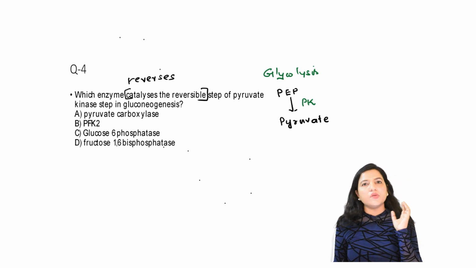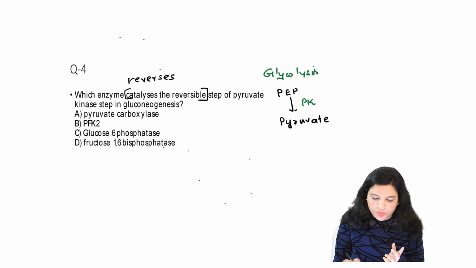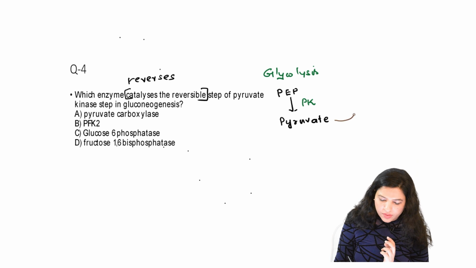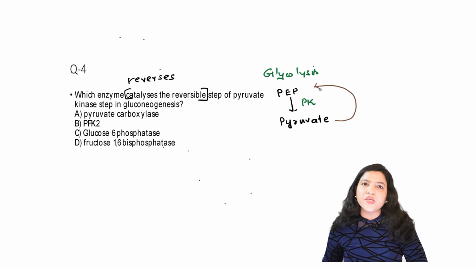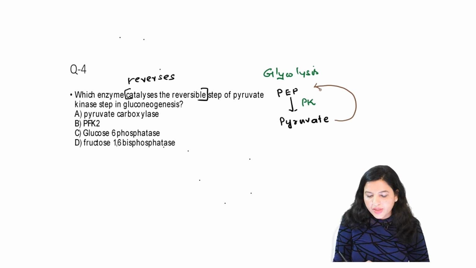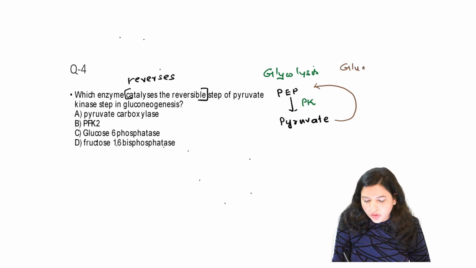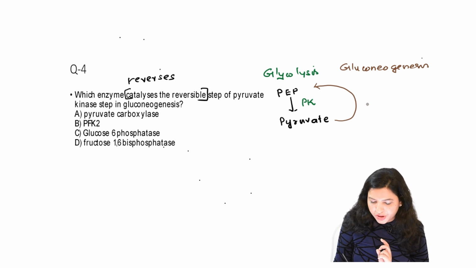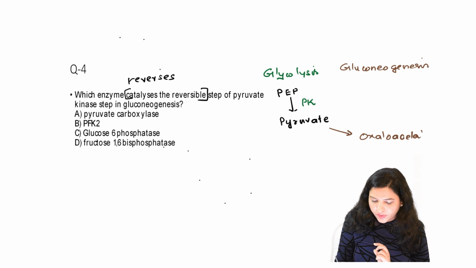Now the question here is, which enzyme reverses this, which means, which enzyme converts pyruvate back to phosphoenolpyruvate in gluconeogenesis? This step is catalyzed by two reactions. In the first reaction, pyruvate is converted to oxaloacetate by the enzyme pyruvate carboxylase.